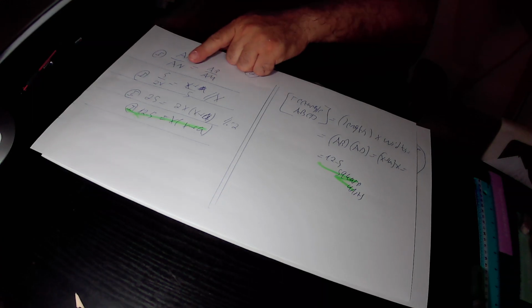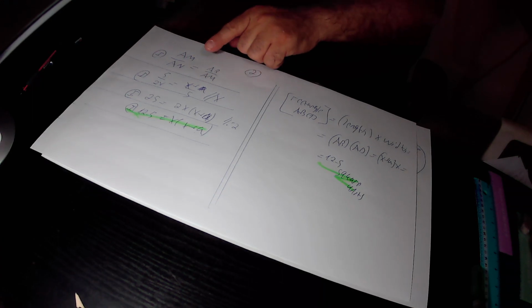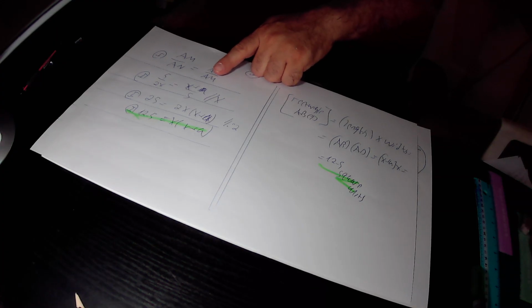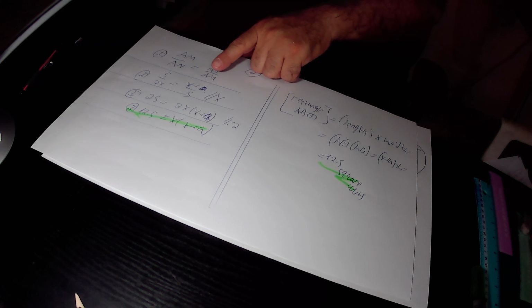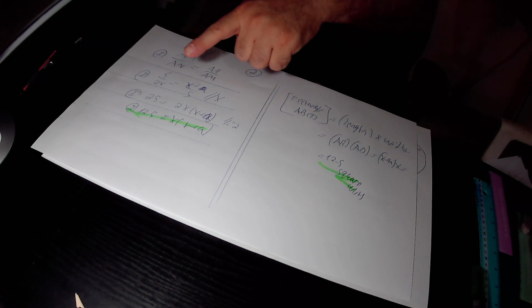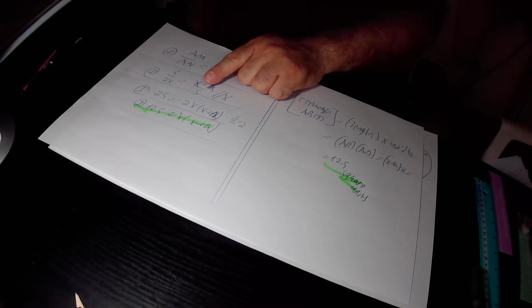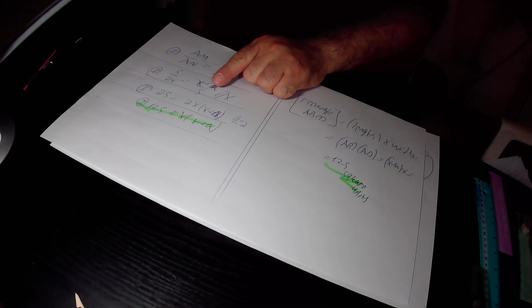So we find that 5 over 2x equals x plus a over 5. Multiplying crosswise, 5 times 5 is 25, so 25 equals 2x times x plus a.